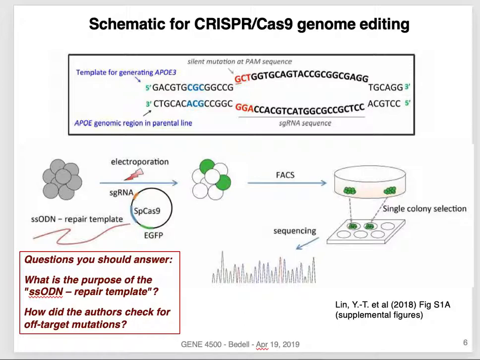Even though there's not a primary defect in one cell type, and there is a primary defect in another cell type in that same tissue, that other cell type can still be influencing the degree of disease progression, okay, in the affected tissue.